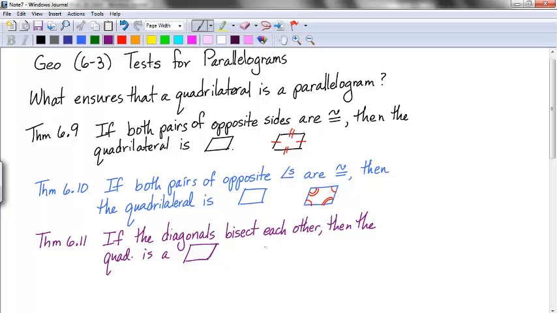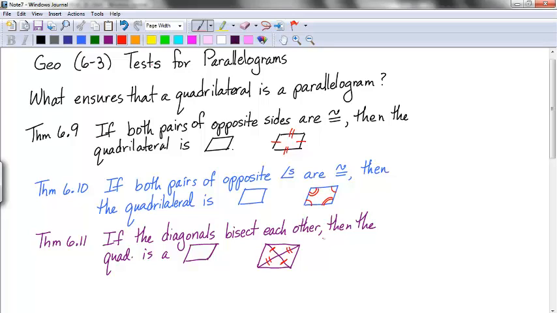Okay, and for the bisect, draw the diagonals, and it would end up that this would be congruent to this from the center, and this one would be congruent to this one.